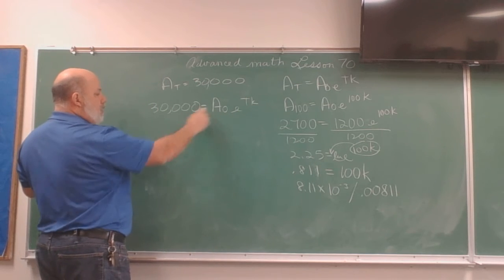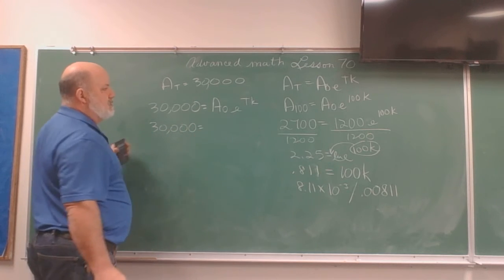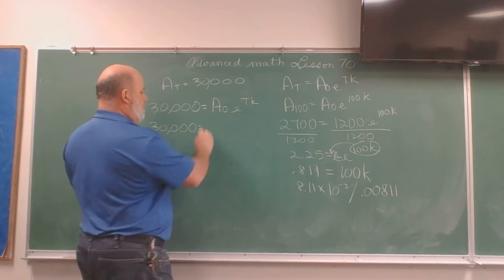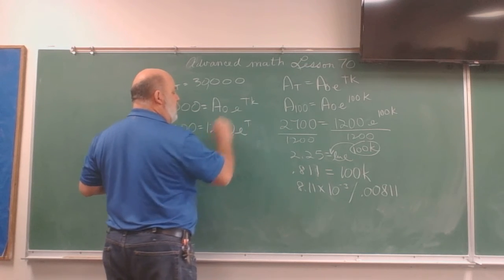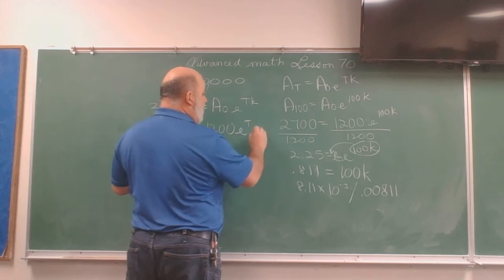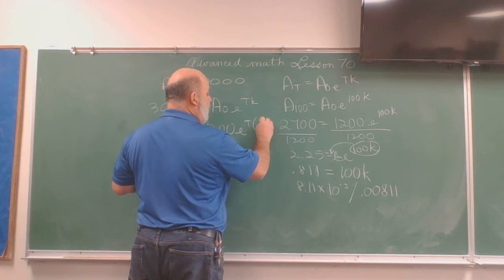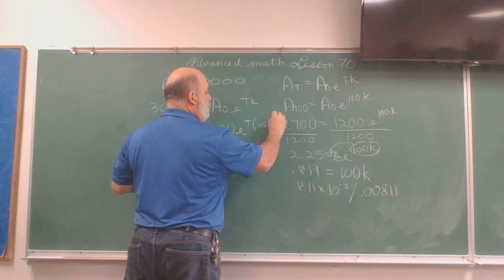Well, I know A sub 0, it's 1,200. This t is what I don't know. That's what I'm going to solve for. And I've got k. I'm going to write it without scientific notation. I'm going to write 0.00811.